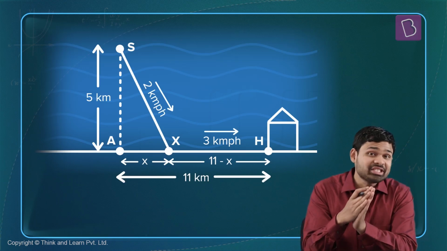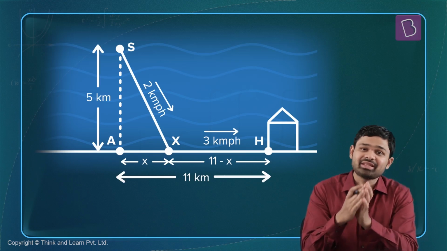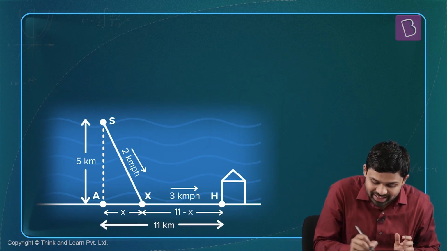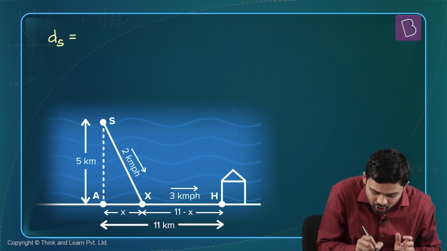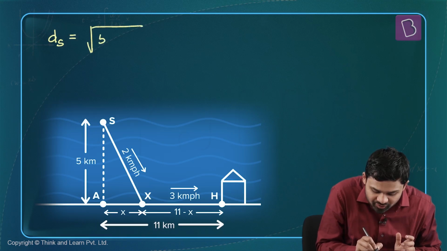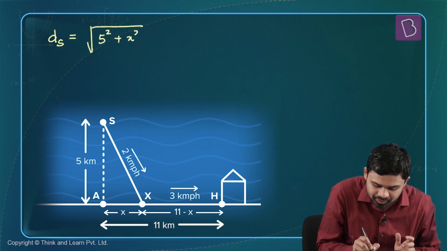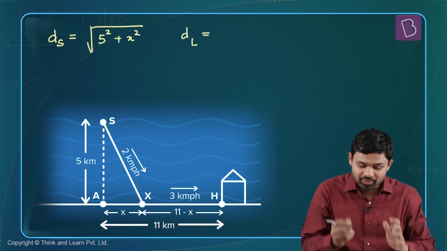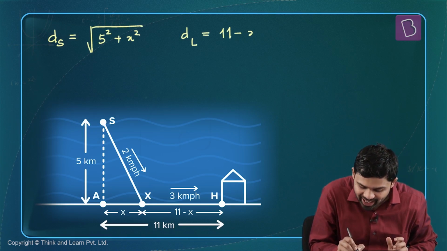So the distance that he's traveled in the sea can be found using the Pythagoras theorem. The distance traveled in the sea is going to be under root of 5 square plus x square. And the distance covered on land is equal to 11 minus x.